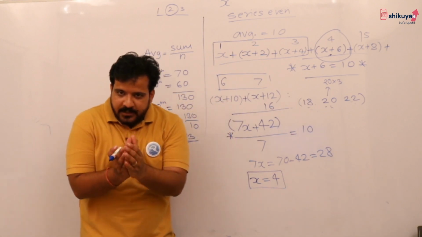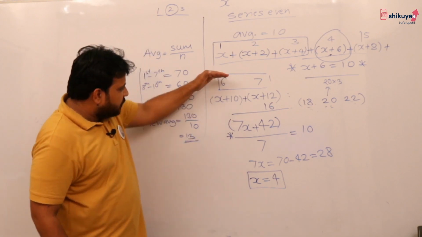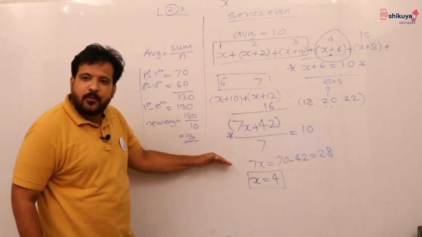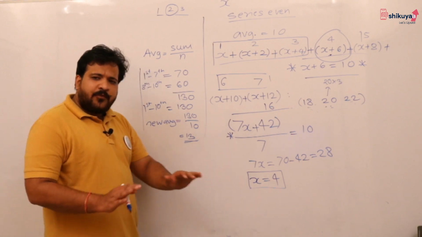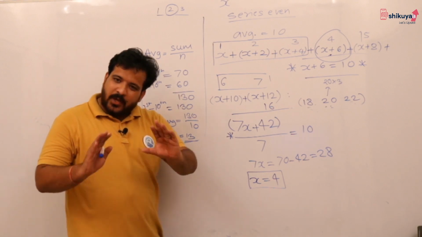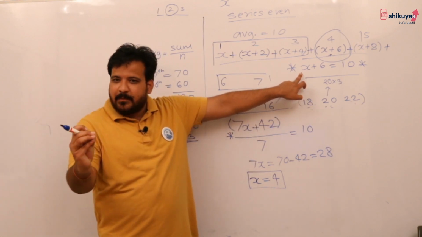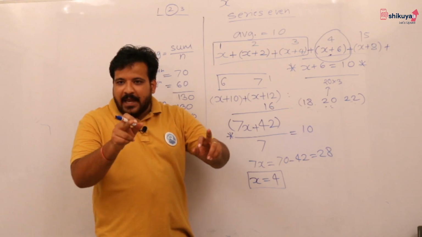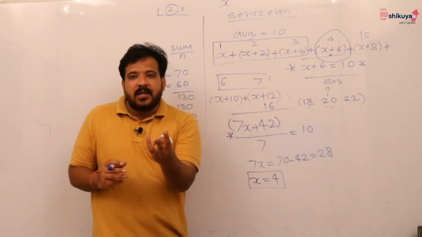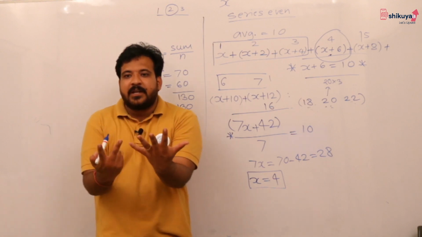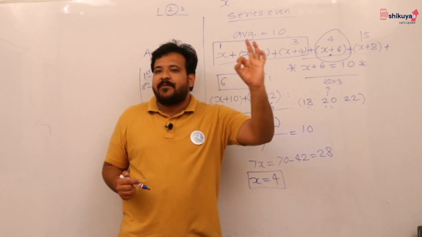So the first approach to solve this problem was very conventional, using equations and unknown variables. We obtained x as 4. If you really don't want to go this way, you can do it directly by using basic common sense in mathematics, that whenever there are n terms and n is odd, means there are 3 terms, 5 terms, 7 terms, in that case the center value is always going to be the average value.